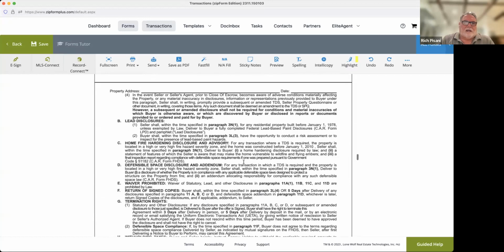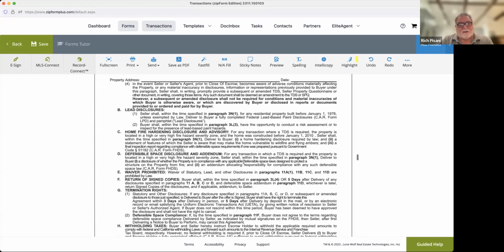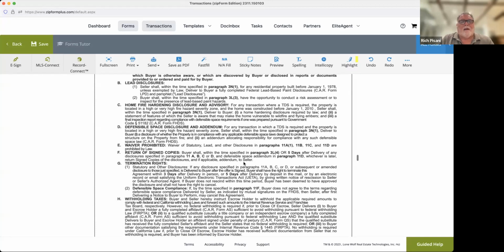Let's see. Okay. We go into fire hardening, lead, defensible space, waiver prohibited. Just as I said, you can't waive these. And buyer shall, within the time specified or 5 days after delivery of any of the disclosures, sign and return them. Termination rights.